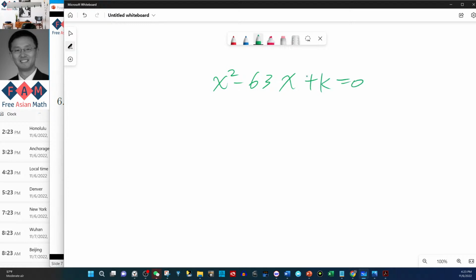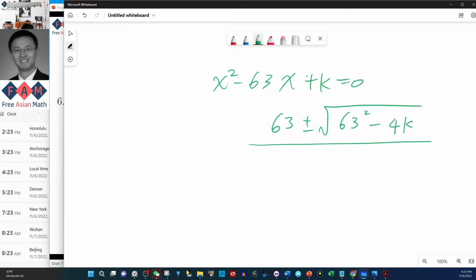I have to use negative b, that's 63, plus minus the square root of b squared minus 4ac, that's 63 squared minus 4k, over 2. That is the quadratic formula giving me the two solutions. And now the constraint is that both solutions are prime numbers, and what could k be? It does not help at all if I get this. What the heck is that? I have no idea how to guess a k to make both prime.